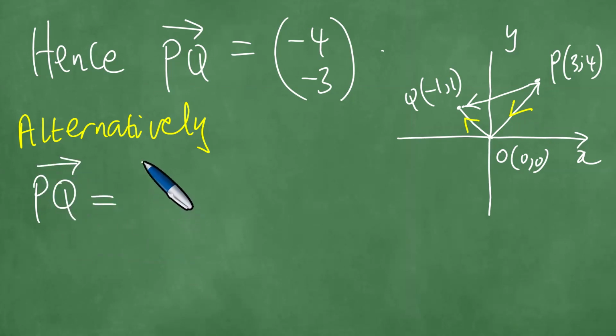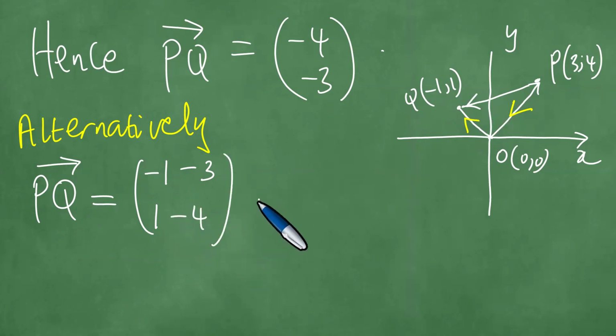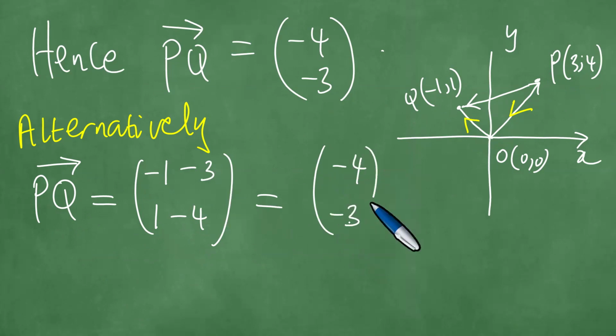To find the vector PQ, we consider the points P and Q. Because we're moving from P to Q, we take the final point minus the initial point. The first component is -1 minus 3, and the second component is 1 minus 4. So we have -4 and then -3.